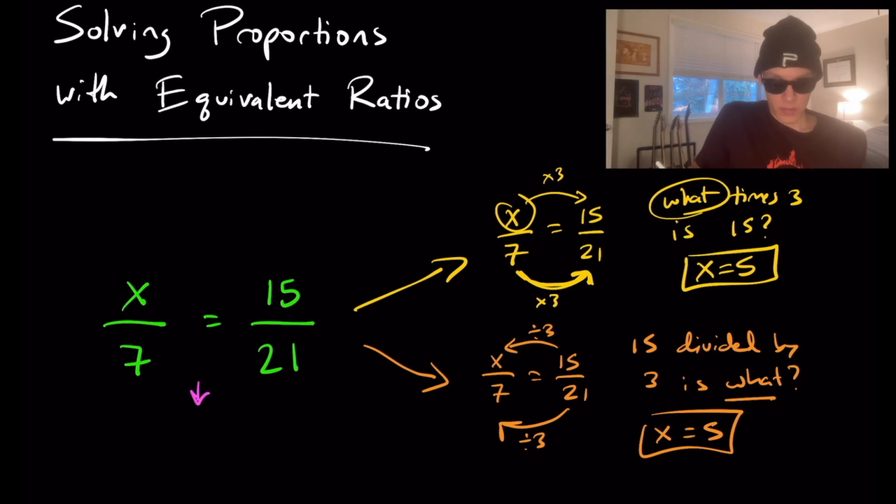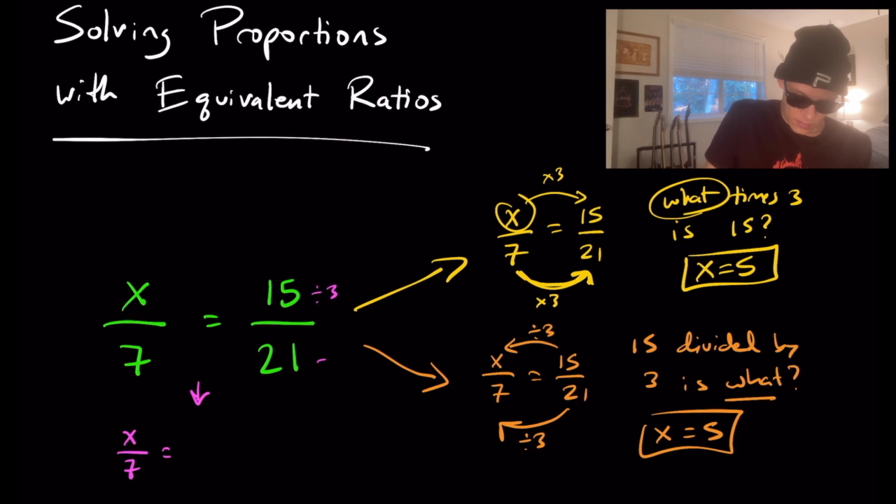One other way worth noting is that if you can simplify the fraction that you are given, you should just go ahead and do that. So I got x over 7 over here, 15 over 21. I can divide both of those numbers by 3. So if I divide 15 by 3, I'll get 5. And if I divide 21 by 3, I'll get 7. Well, look at this.